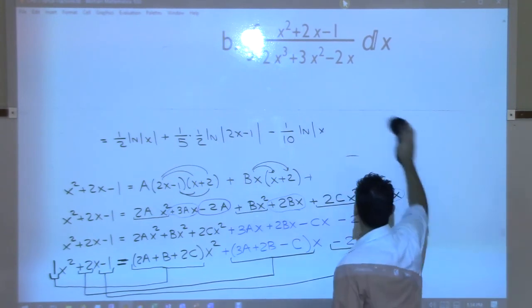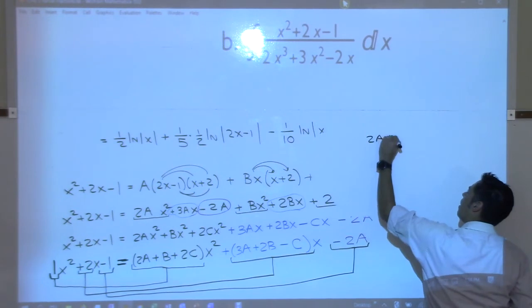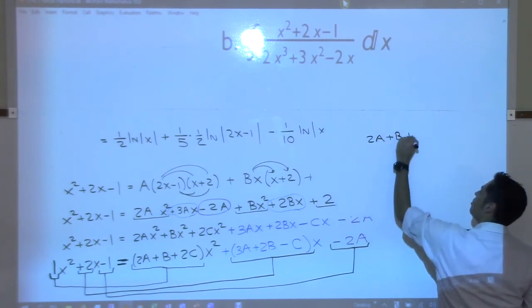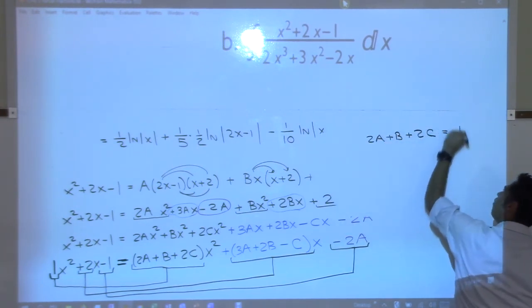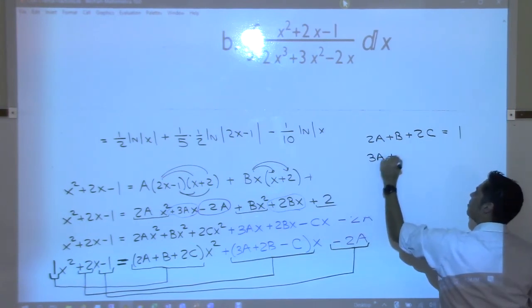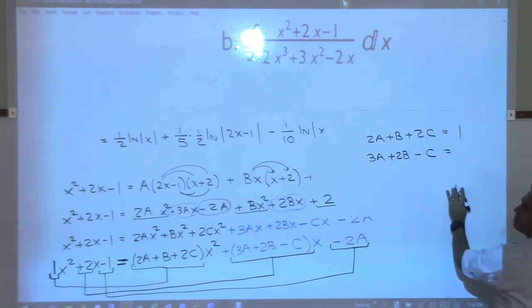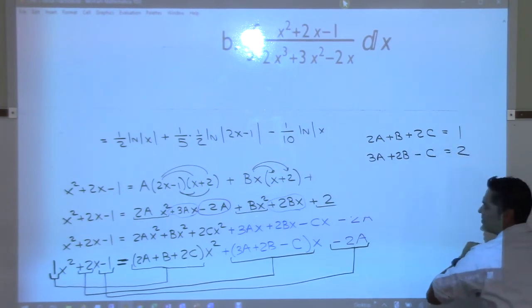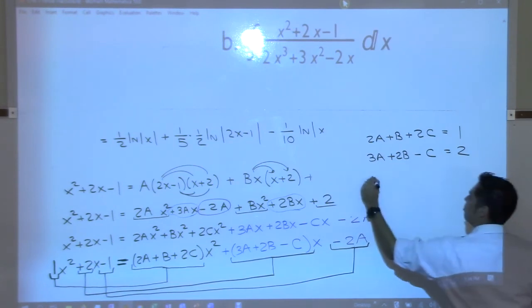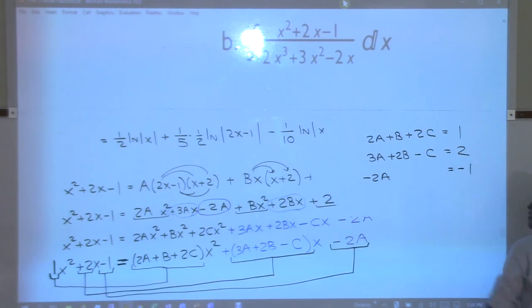The first equation I have is 2a plus b plus 2c must equal 1. The second equation is 3a plus 2b minus c must equal 2. And then what's the last equation? Negative 2a must equal negative 1. There we go.